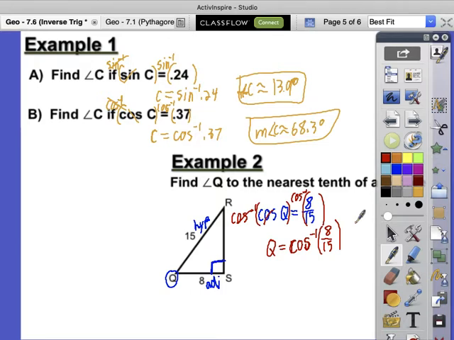And we're asked to find it to the nearest what? 10th of a degree. Once you have this or have questions, raise your hand. Very good. Don't forget your label.